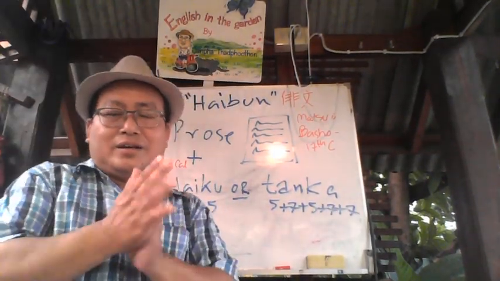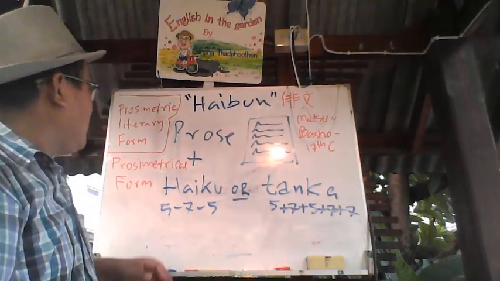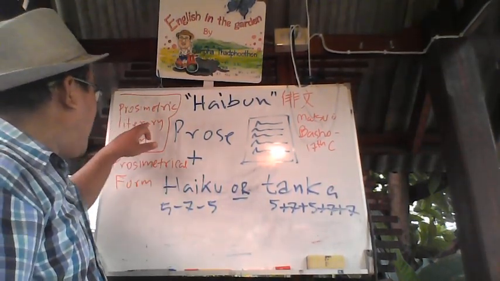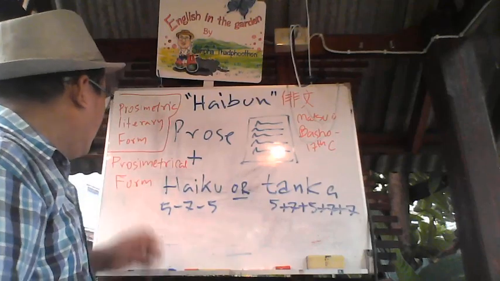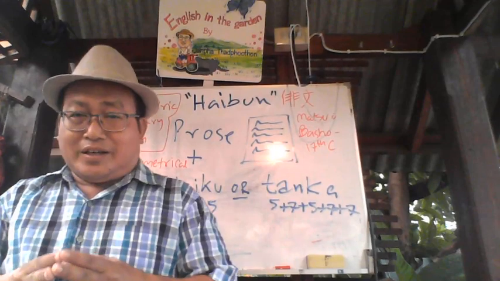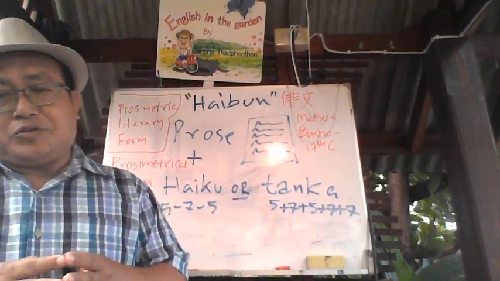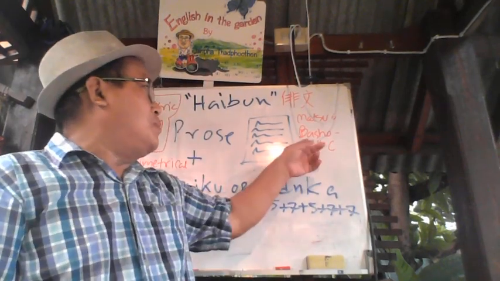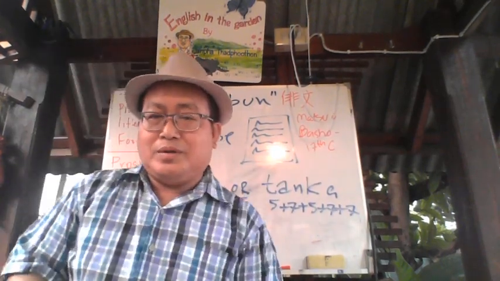In literary terms, we call it a prosimetric or prosimetrical form, originated in the 17th century by a Japanese poet by the name of Matsuo Basho.